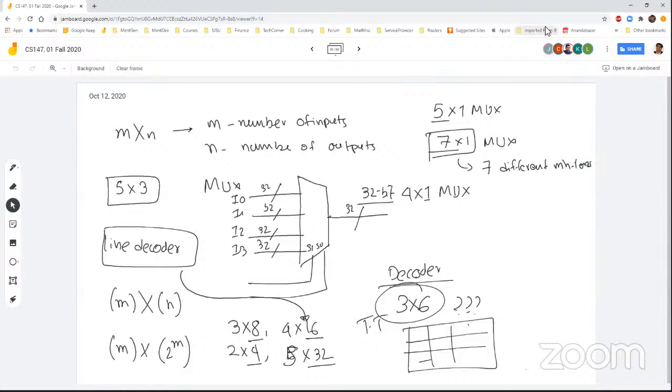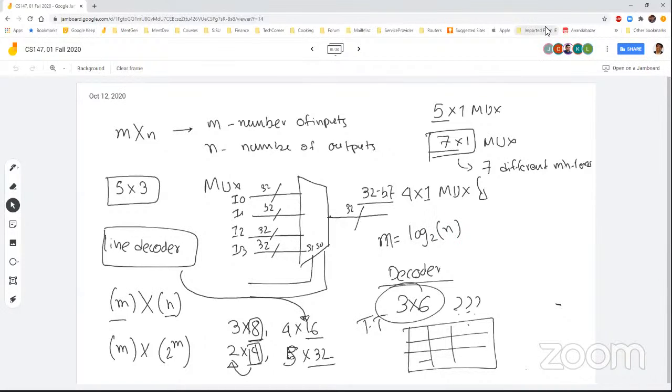So how many inputs for the decoder would be for the 7? If you look at this one, we look at the output side and come to the input side. That means we have this relation between n and m: m equals ceiling of log base 2 of n.